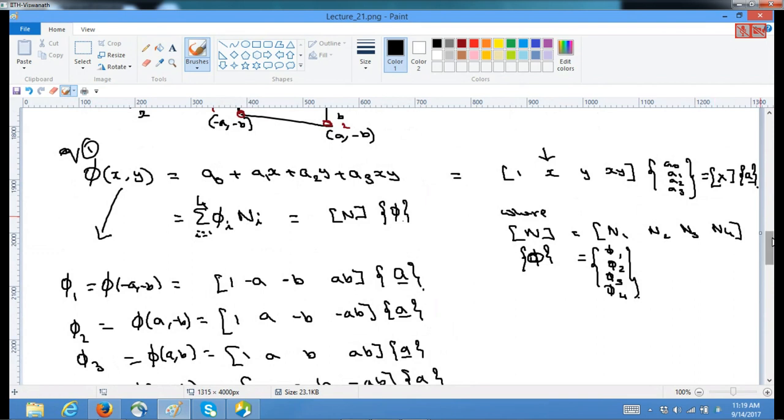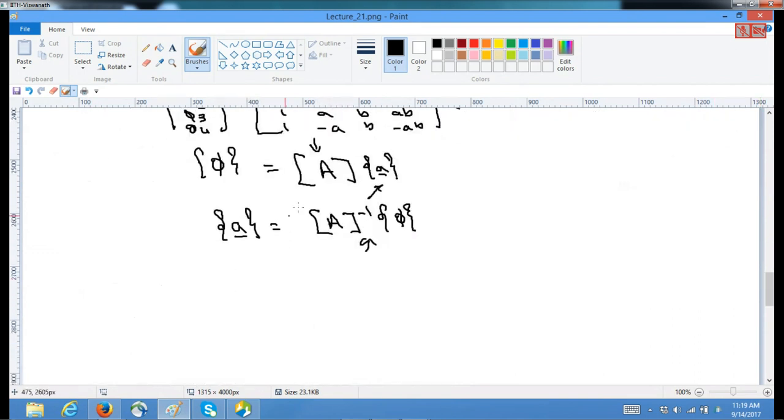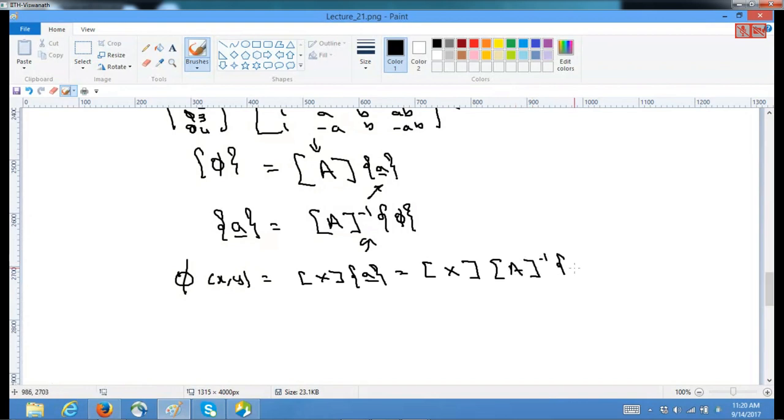So that means my phi x comma y, which is nothing but x times A, I can write as x times A inverse times A.